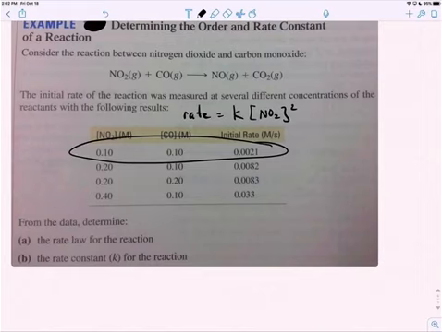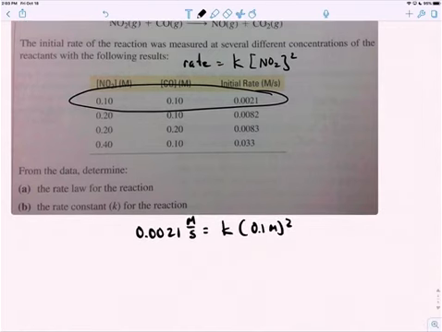So this rate equals k NO2 squared, so I'm going to put in the rate, 0.0021 molar per second equals a rate constant times the concentration of NO2, 0.1 molar squared. And now we solve for k.